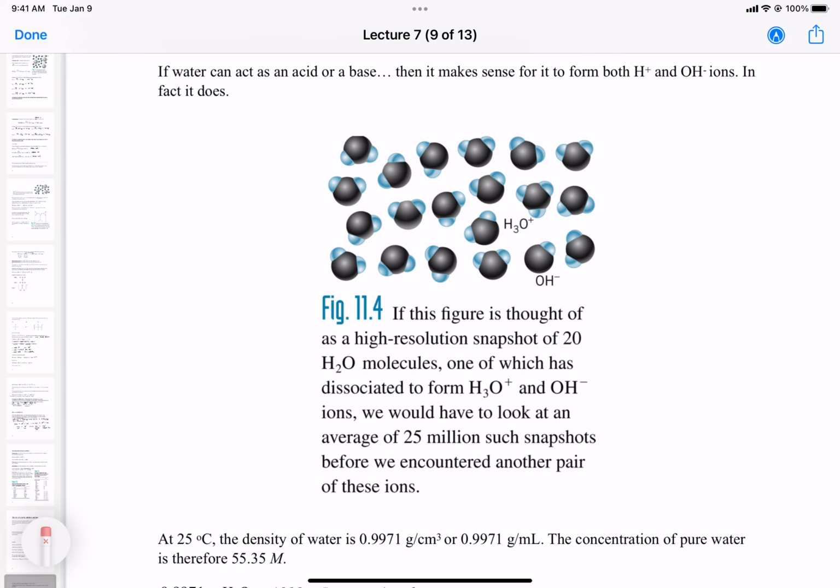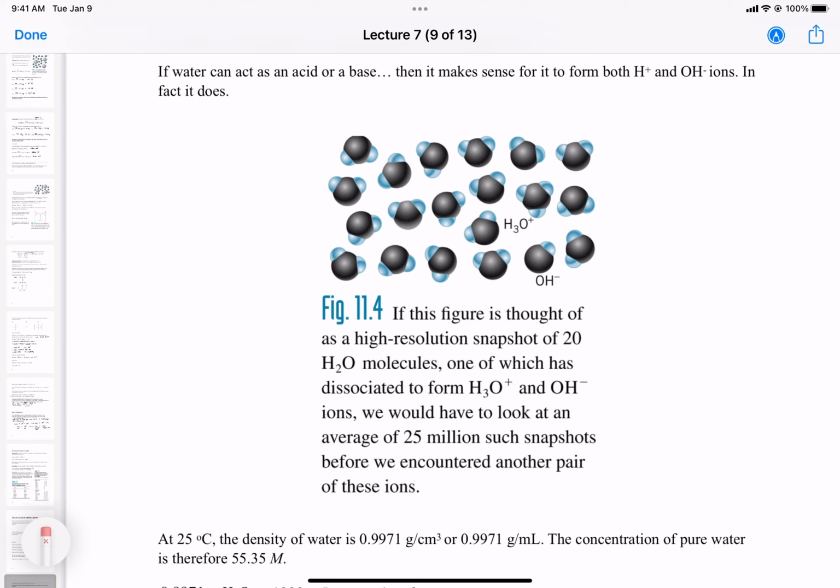Now, this is going to be a relative percent of how much water is ionized. So the water is so neutral that it does not form these ions normally.